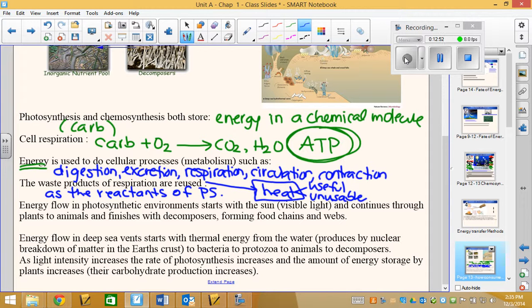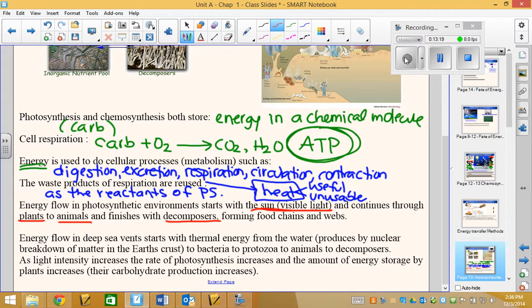So if I wanted to summarize where does energy go in a photosynthetic environment, I would start with the sun. Visible light that we can see with our eyes, that's the type of light we're talking about. It continues through plants to animals and finishes with decomposers.